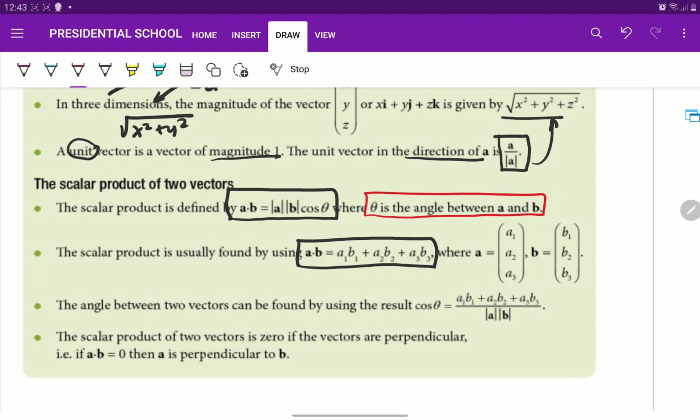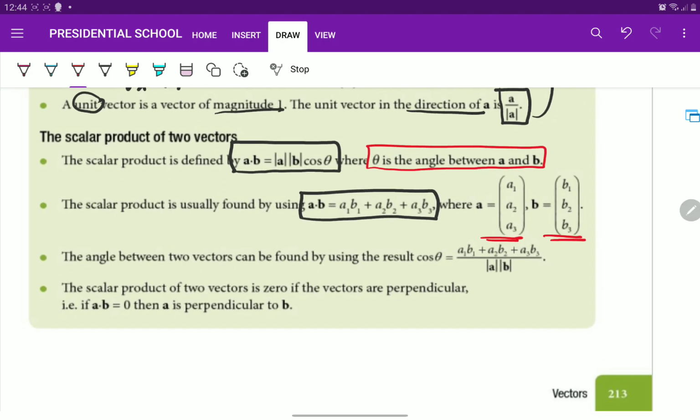Another clarification, the A and the B are vectors. Please, A and the B are vectors. They are not the point. Okay? The angle between two vectors can be found by using this result. Okay?